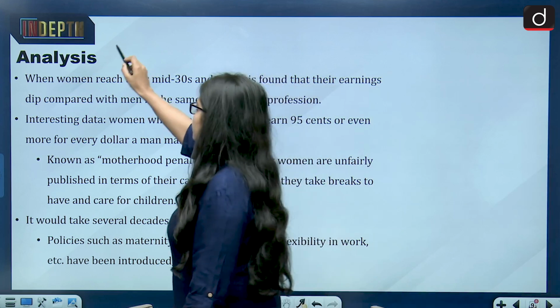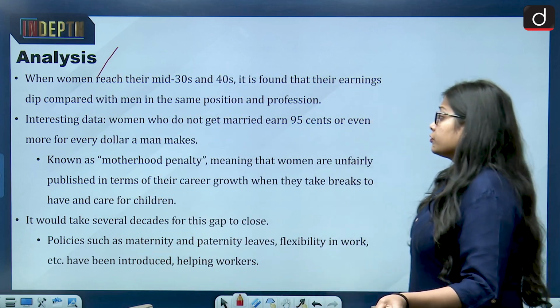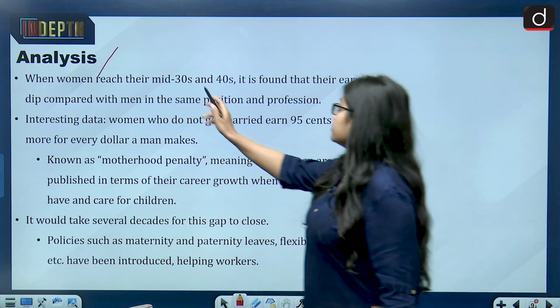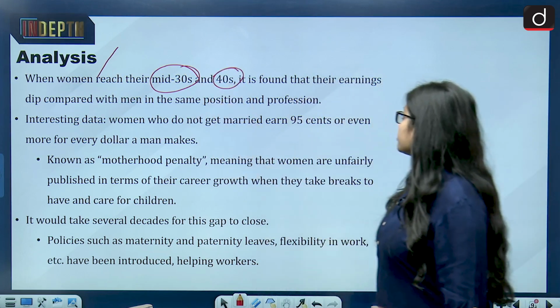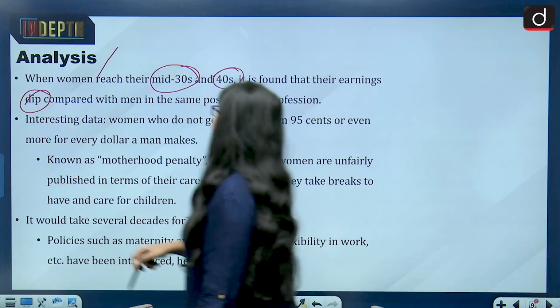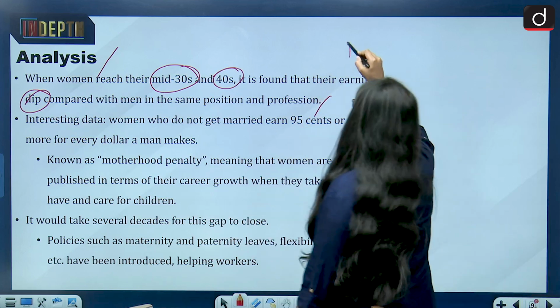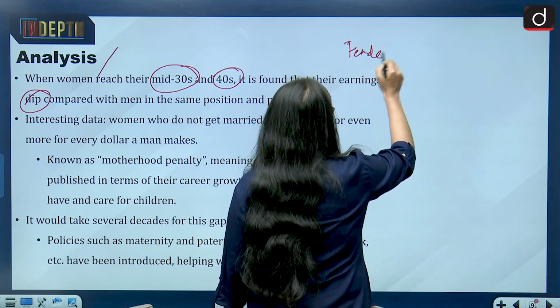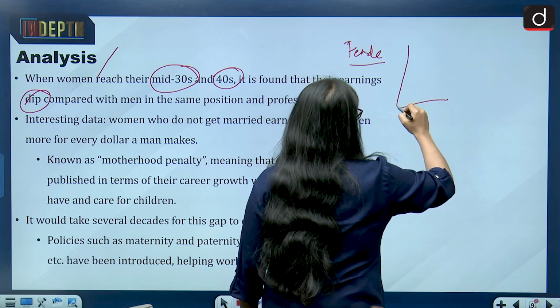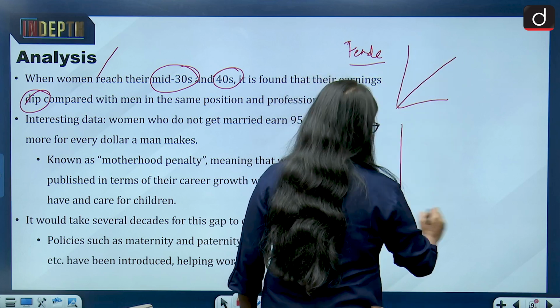Now let us talk about a few of the important points. When women reach their mid 30s and 40s, it is found that their earnings dip compared with men in the same position and profession. So if we talk about females, their career graph with age does not go like this.